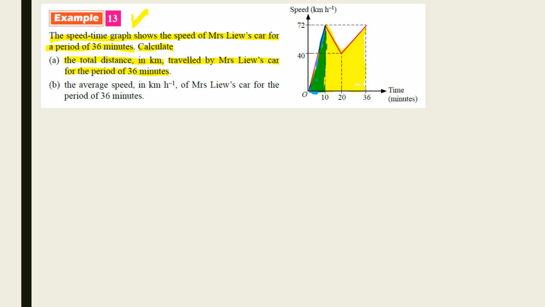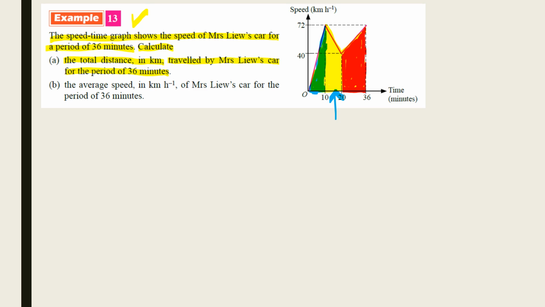And then after that, you see this one. This is a trapezium. And then after that, you see another one here. This is another trapezium, right? So you have three shapes here.